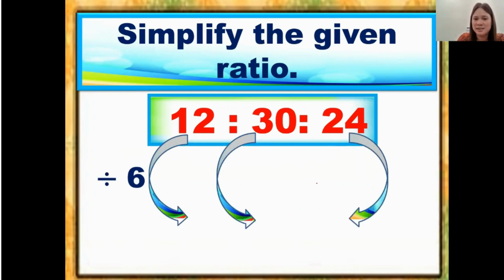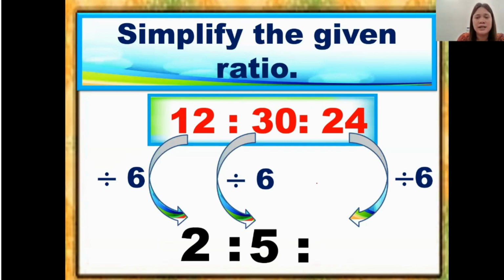So 12 divided by 6, 30 divided by 6, and 24 divided by 6. And 12 divided by 6 will give me an answer which is 2. And 30 divided by 6 is 5. And 24 divided by 6 is 4. So this is the simplest form of the ratio 12 to 30 to 24. So it's easy.